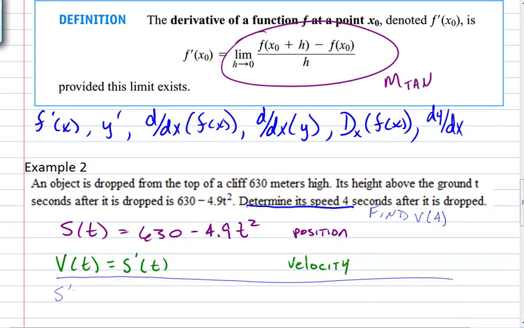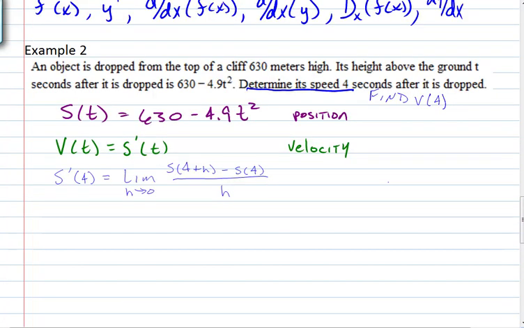So S prime of 4 is equal to the limit as h approaches 0 of S of 4 plus h minus S of 4 all over h. Okay, so replace the name of the function with what the function does.